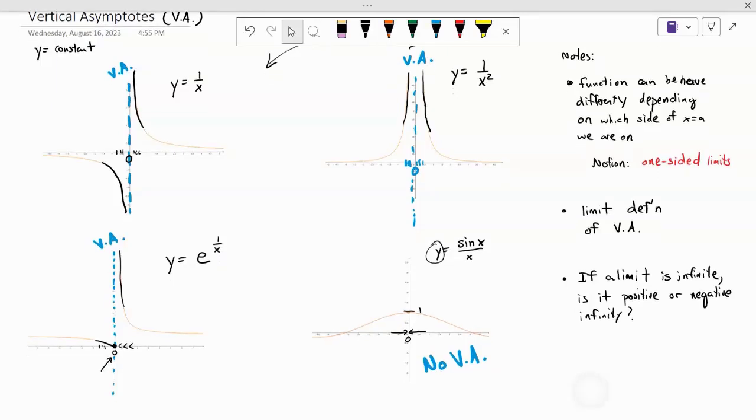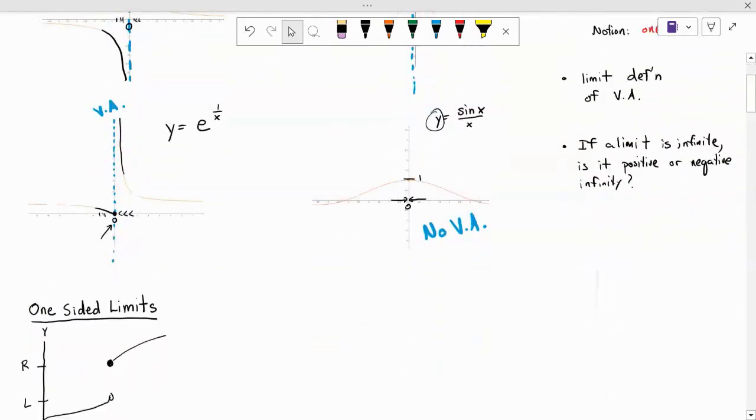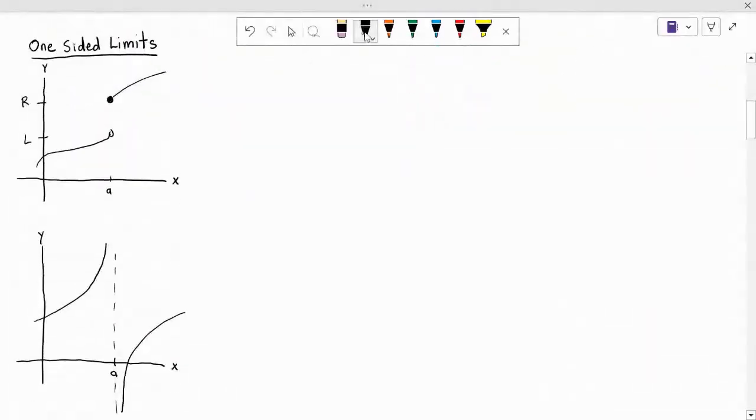So let's go ahead and first define one-sided limits, or at least review them, because a function can behave differently depending on which side of, let's say, x equals a we're on. If we're to the left of a, and we want to know the function's behavior, we could write the limit as x approaches a.